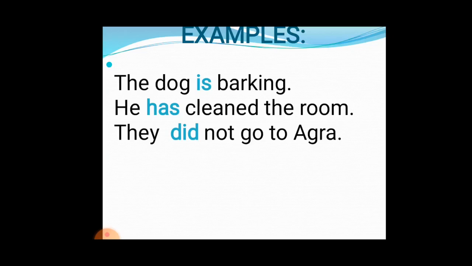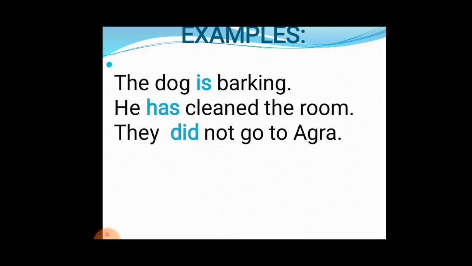Here is is the helping verb, or auxiliary verb, which is used with the main verb bark. Same way in the second example, he has cleaned the room. Here has is the auxiliary verb and cleaned is the main verb. They did not go to Agra. Here did is auxiliary and go is main.